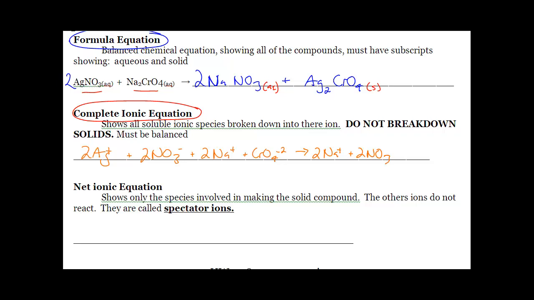Again, I'm breaking that thing down, and solids stay a solid. So it's plus Ag2CrO4 solid. This is the complete ionic form. All of these things are aqueous. I'm just lazy and I'm not writing them in, and that thing is a solid.